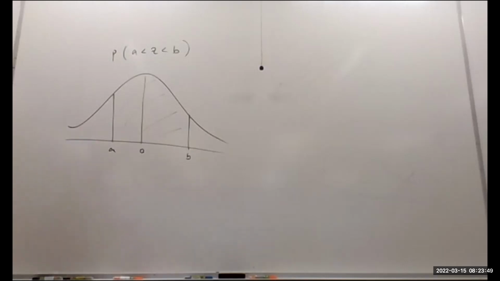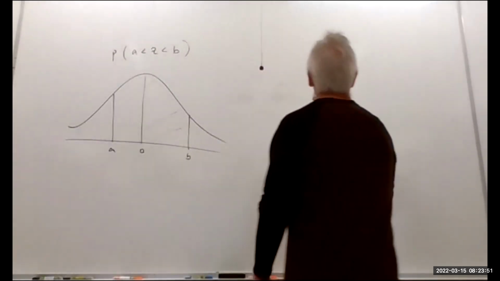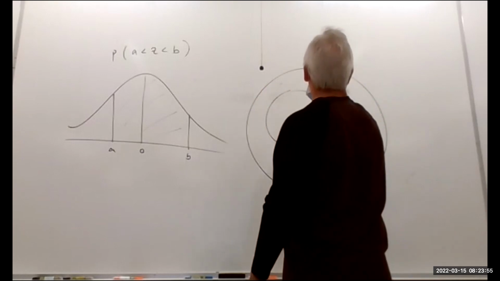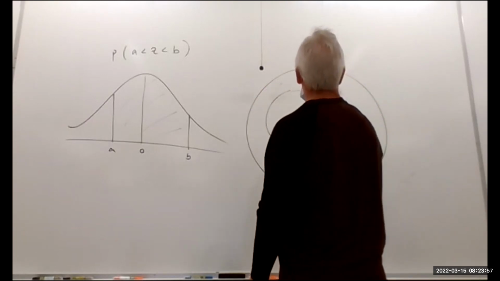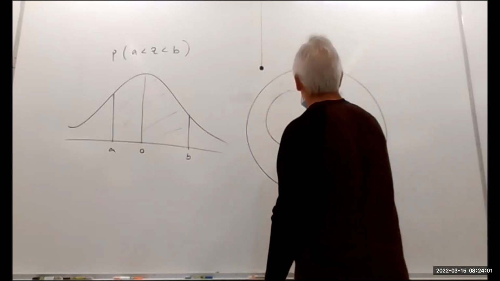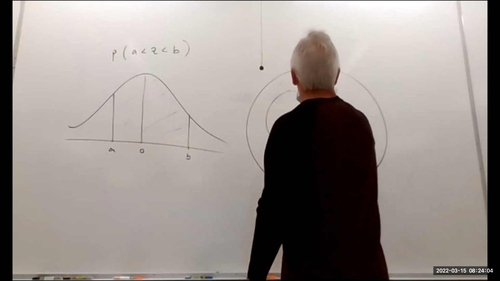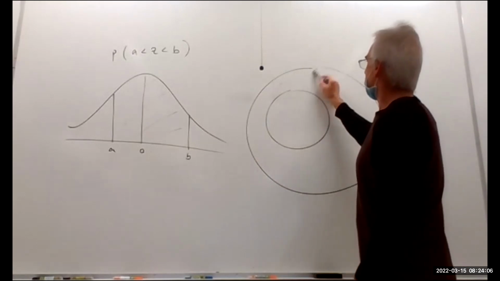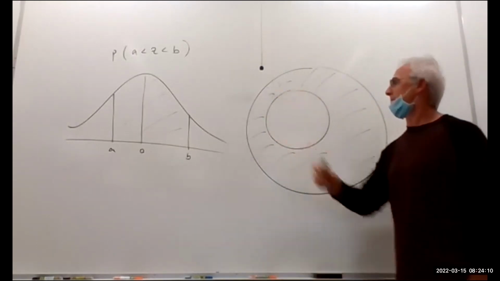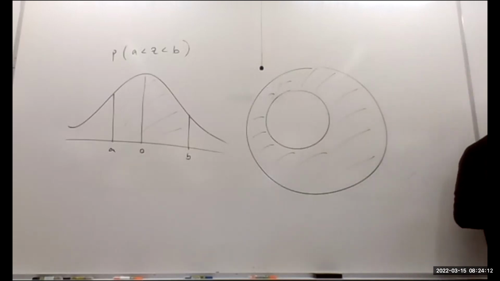So I'm going to give you a simple geometric example. I have 2 circles, and I want to find the area inside the big circle, but outside the little circle.